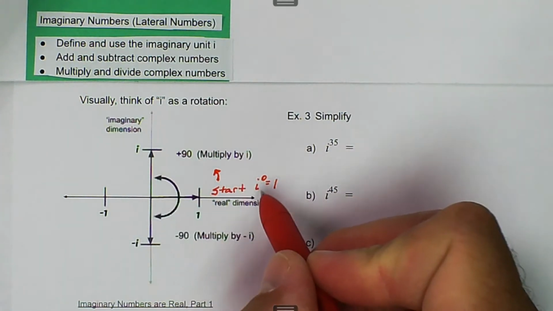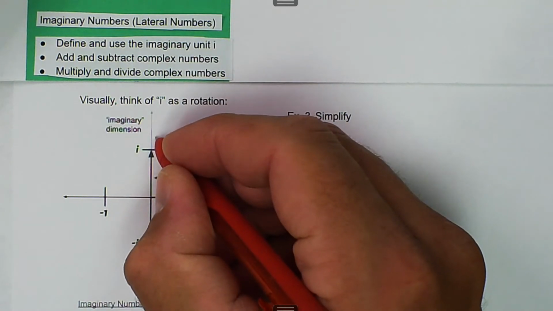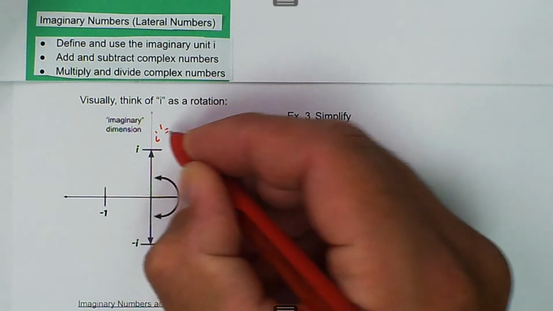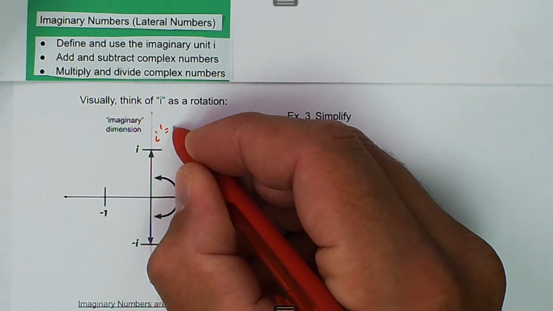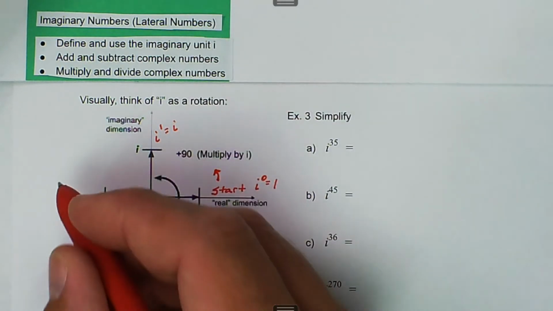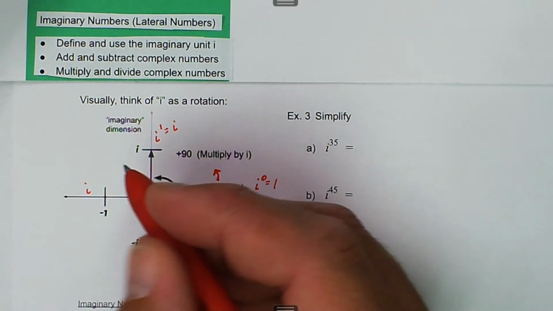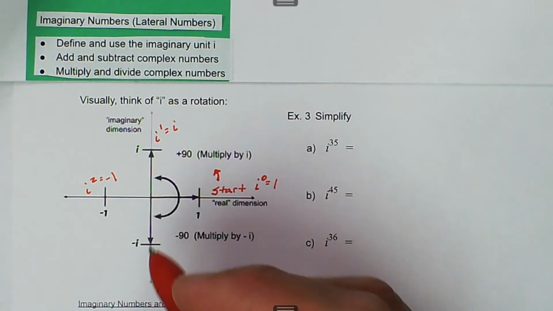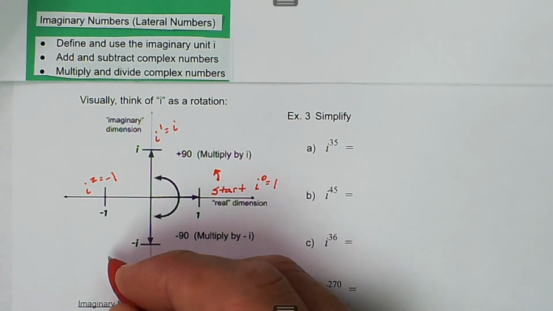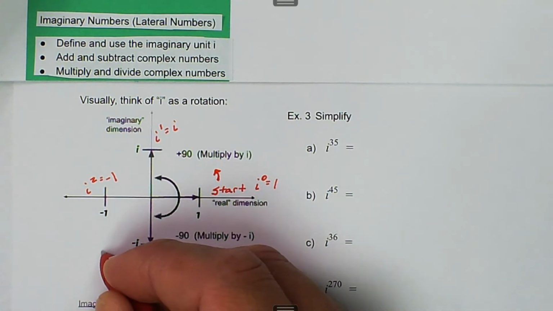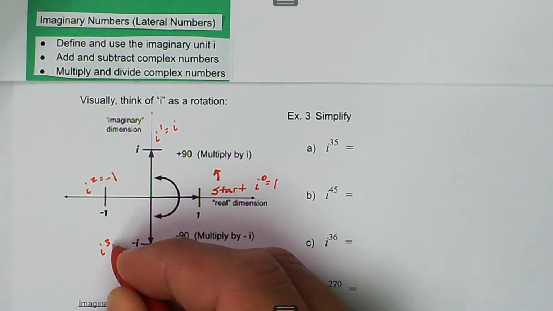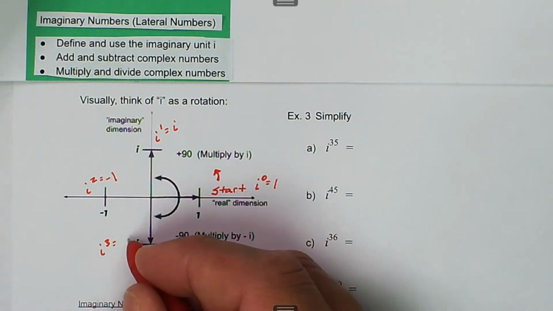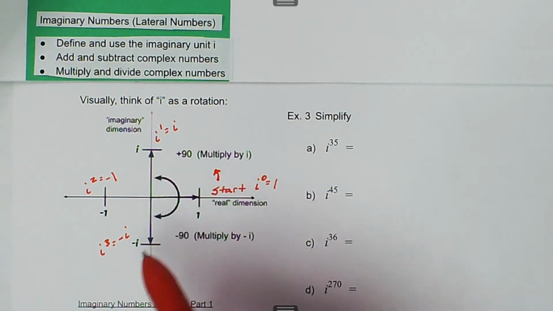And then we go to i to the first power, which is equal to i. And then we go to i to the second power, which is equal to -1. And then we go to i to the third power, which is equal to -i.